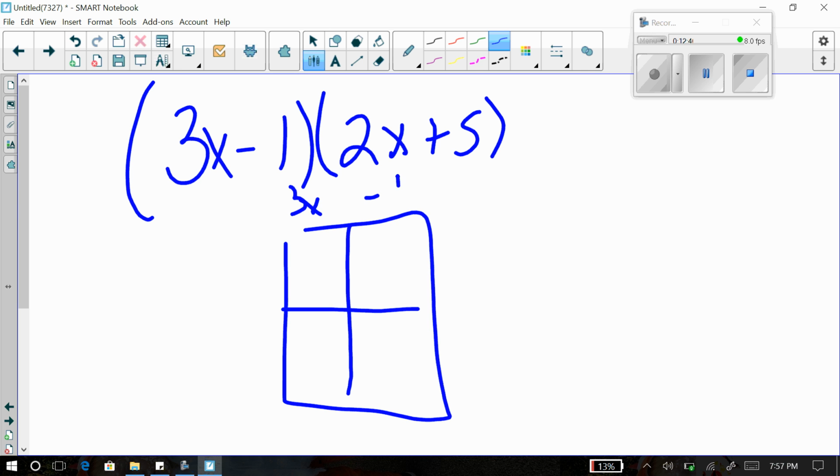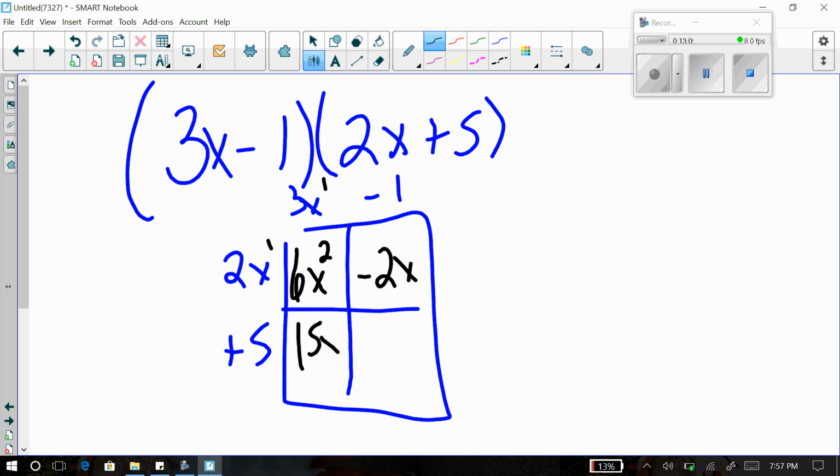We put one across the top, one across the side, and you multiply. 3x times 2x is 6x squared because you add exponents. 3x times negative 1 is a negative 3x. 5 times 2x is 10x. And 5 times negative 1 is a negative 5.